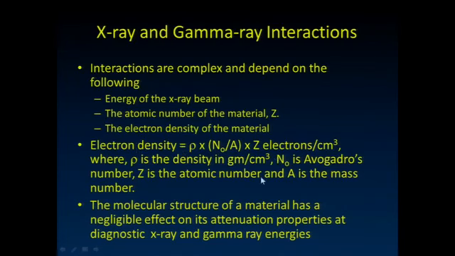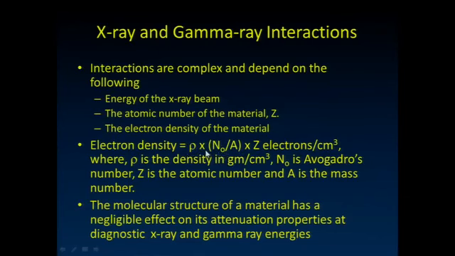This is an equation for electron density. Remember, this is just density, so that's the amount of grams per cubic centimeter. This is Avogadro's number, so that tells you how many atoms there are per gram. This is the atomic number. That tells you how many grams there are per cubic centimeter. So when you cancel these things out here, you've got the number of atoms per mole, and so now multiplied by the grams per cubic centimeter.